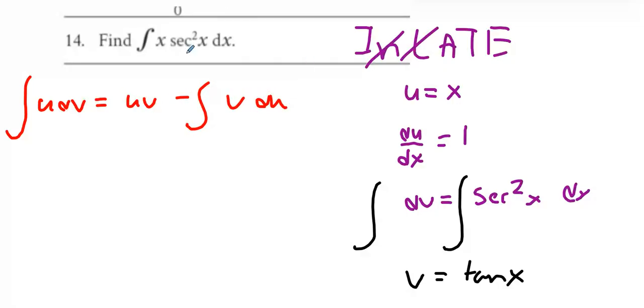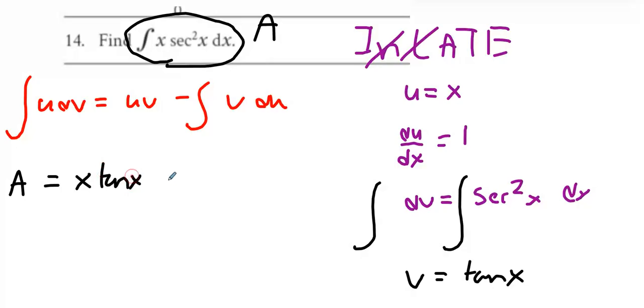Now, what am I going to call this guy? I decide I'm going to call him A. So A equals the following: u times v, which is x tan x, minus the integral of tan x dx.